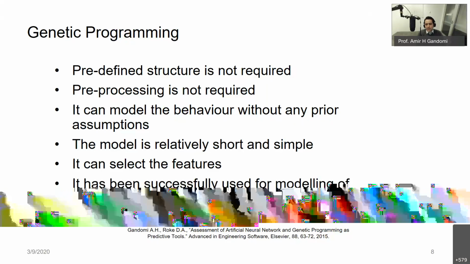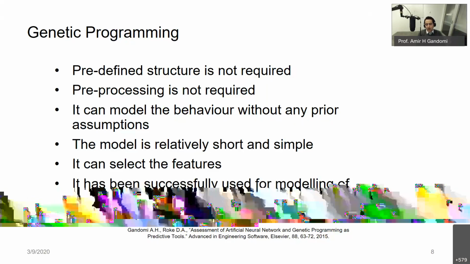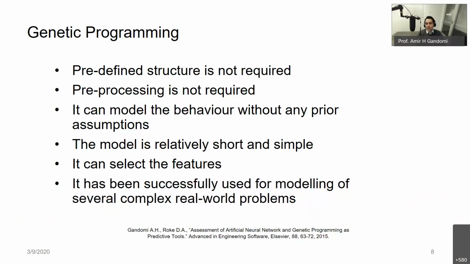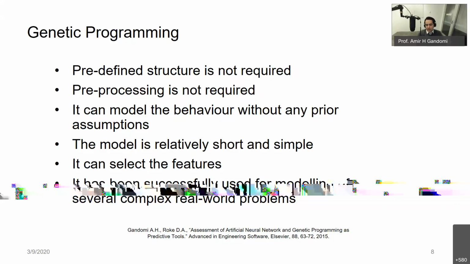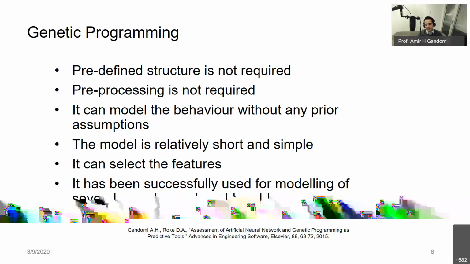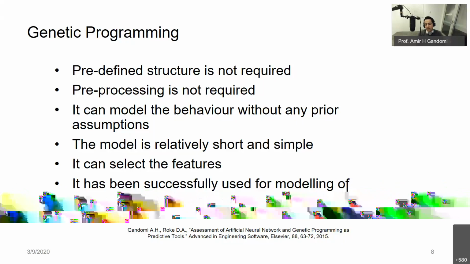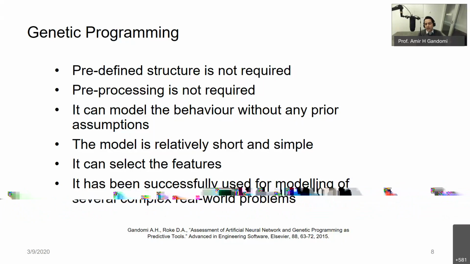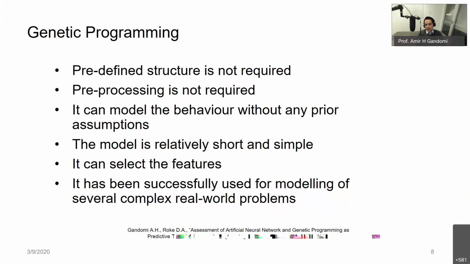I should say genetic programming is really different from other machine learning techniques because a predefined structure is not required in this method. In every other method, even regressions, neural networks, fuzzy networks, SVM, you need to define a structure for it. For example, in a neural network, you need to define the number of layers, number of neurons, activation function, etc. And then eventually find some coefficients for that network.